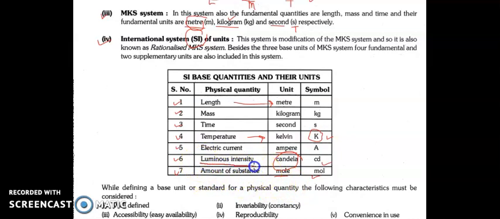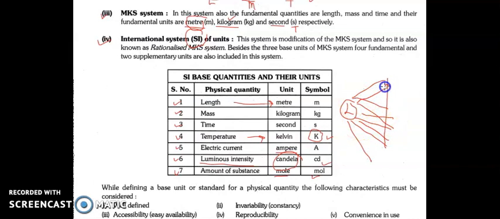Now as far as luminous intensity is concerned, for example, this is a light source and this is a particular surface. From the light source, the light rays will be falling on this surface at all the points.